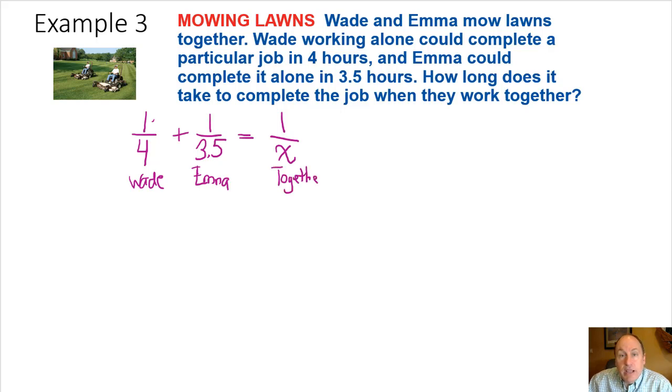So we're going to set this up like a rational equation, which it is. So we have 1/4 plus 1 over 3.5 equals 1 over x. Okay, so I'm going to try and get a common denominator here, and really what I'm just going to do is multiply them together. So 1/4 I'm going to multiply by 3.5 over 3.5.